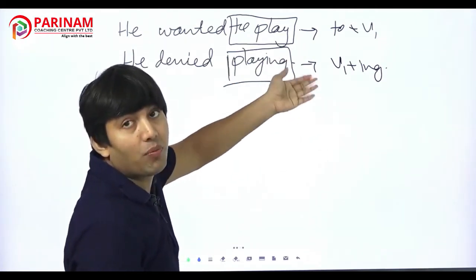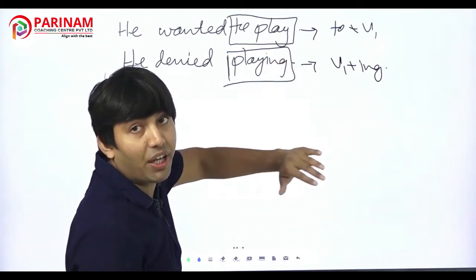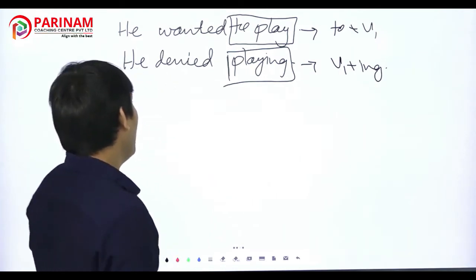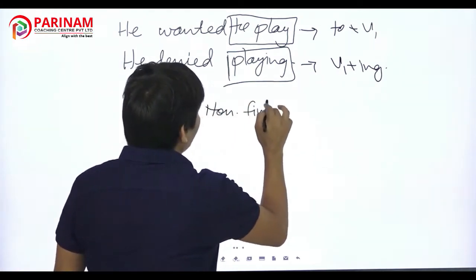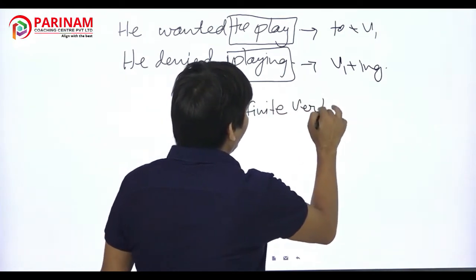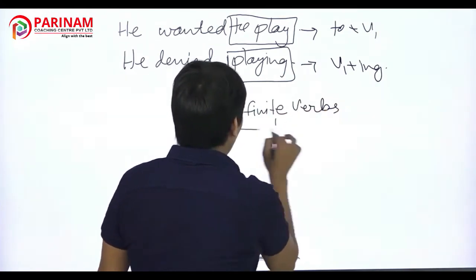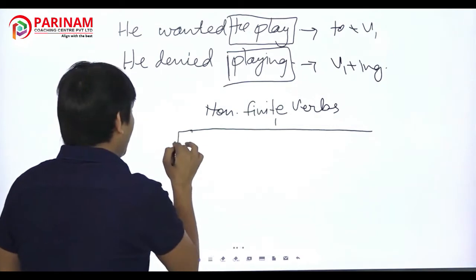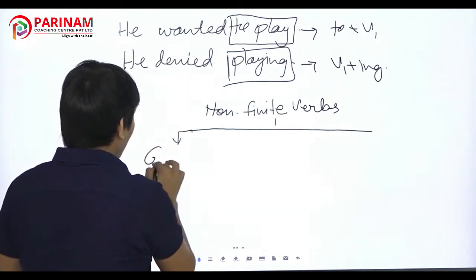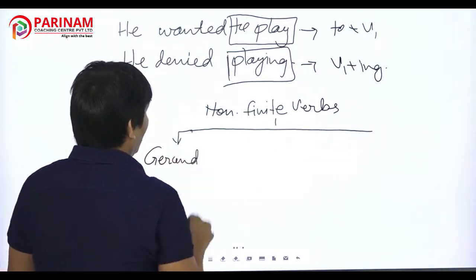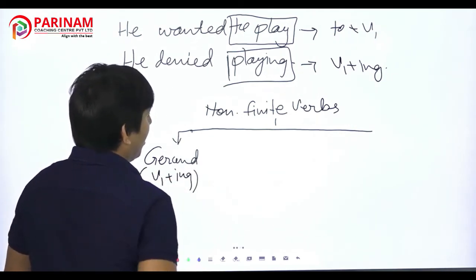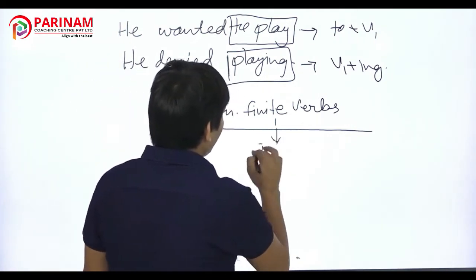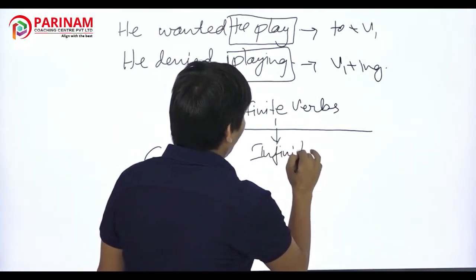Okay, but there is one more type of non-finite verb. Basically, non-finite verbs have three types. Which are these three types? The first is called gerund. The V1 plus ing form is called gerund. The second type is called infinitive.